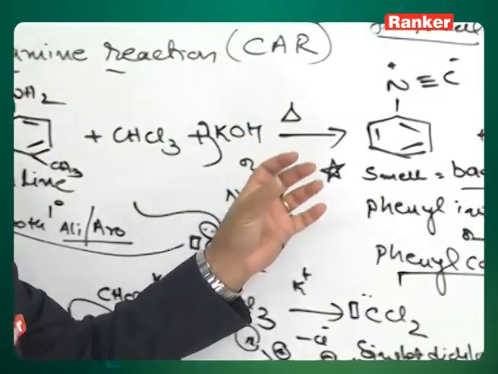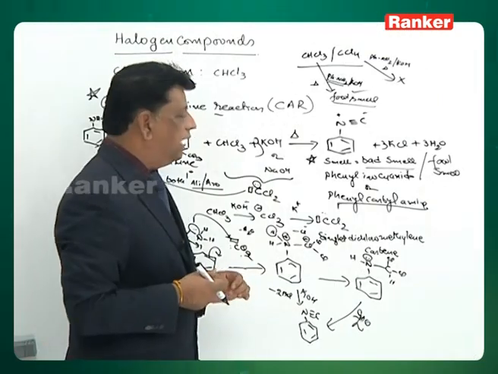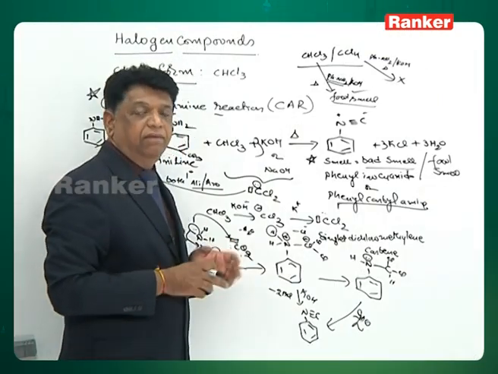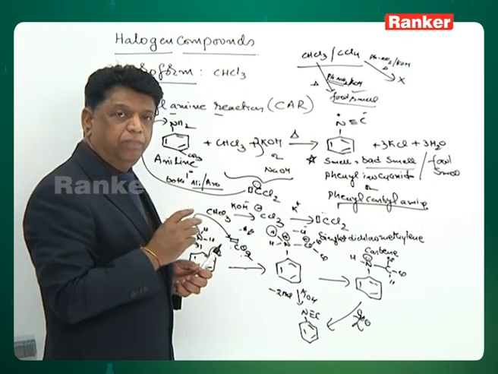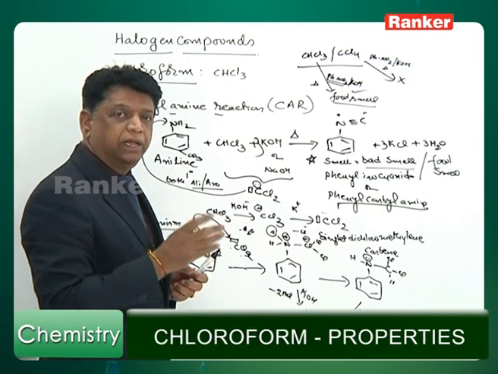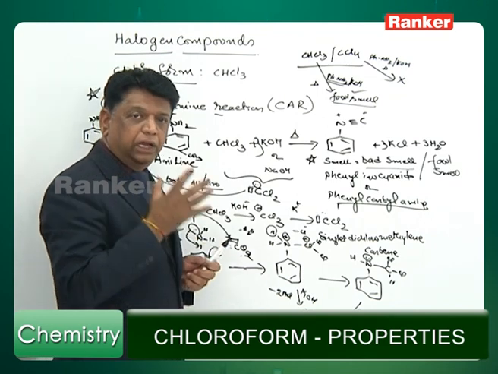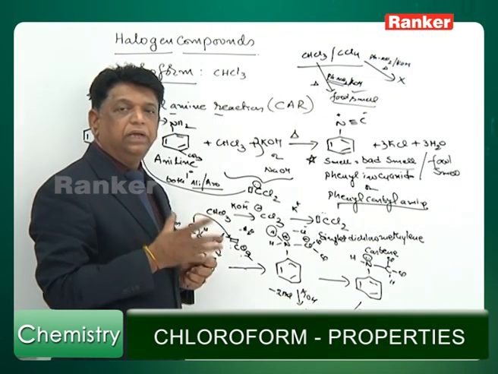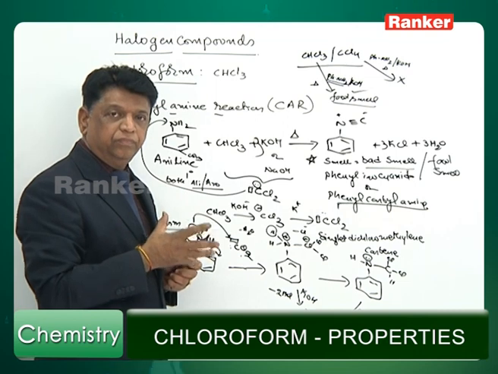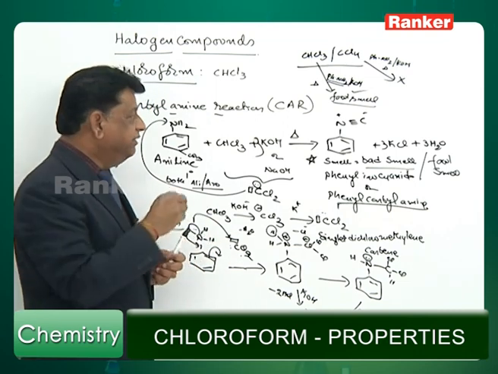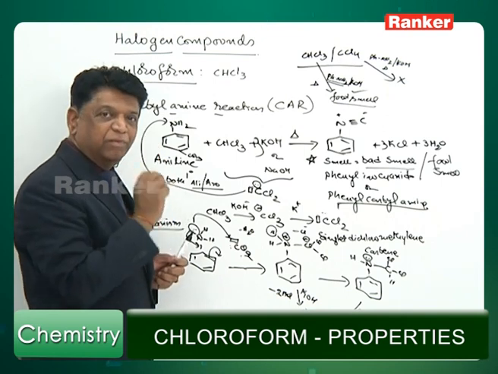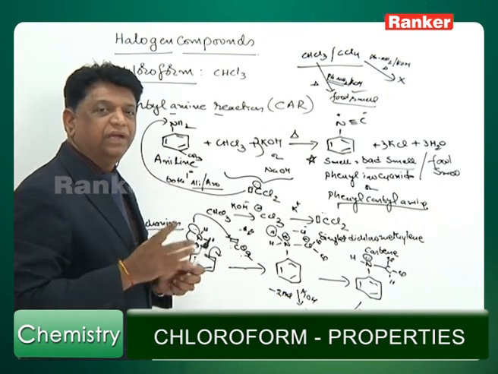This smell is very, very peculiar, and it is said to be detectable at the ppm level. Ppm means parts per million, that is, 1 part out of a million parts, like 1 milligram in a million milligrams, which is 1 kilo.